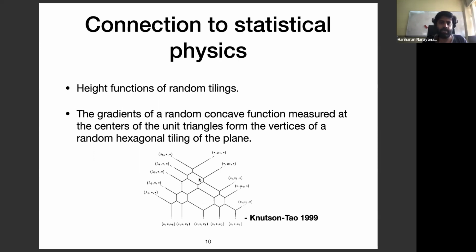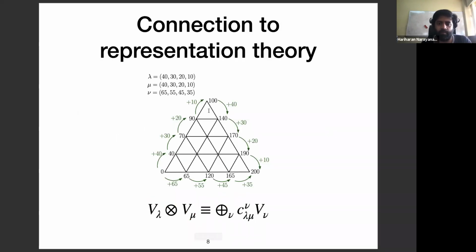But another way of putting it is what I'll just say now. If I associate with every point here in R2 the gradient of a face, so here, for example, is a concave function, and there's a gradient here in R2. Here also there's a gradient in R2.